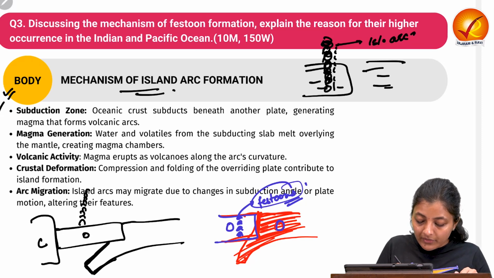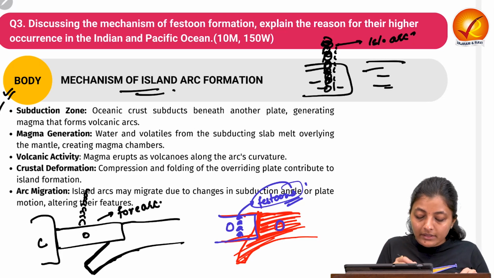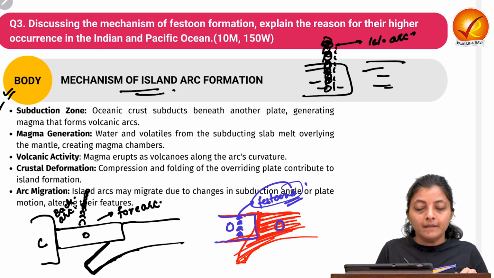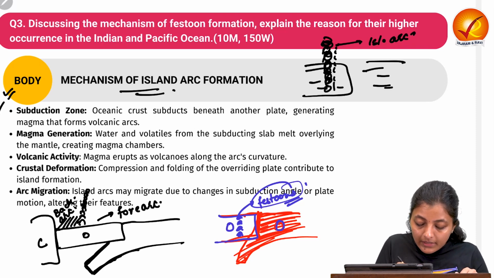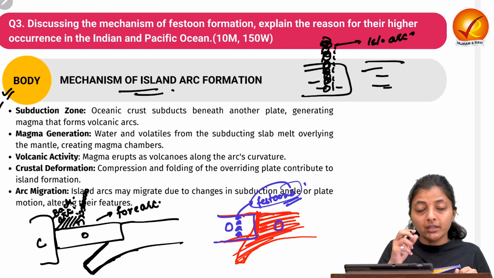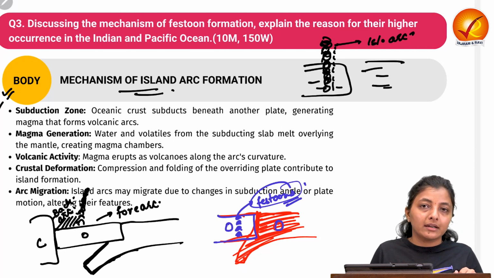The zone which has the trench in it, we call the forearc. And the region behind this volcanic arc or island arc, we call the back arc region. So this is the water body behind this volcanic arc or the island arc.